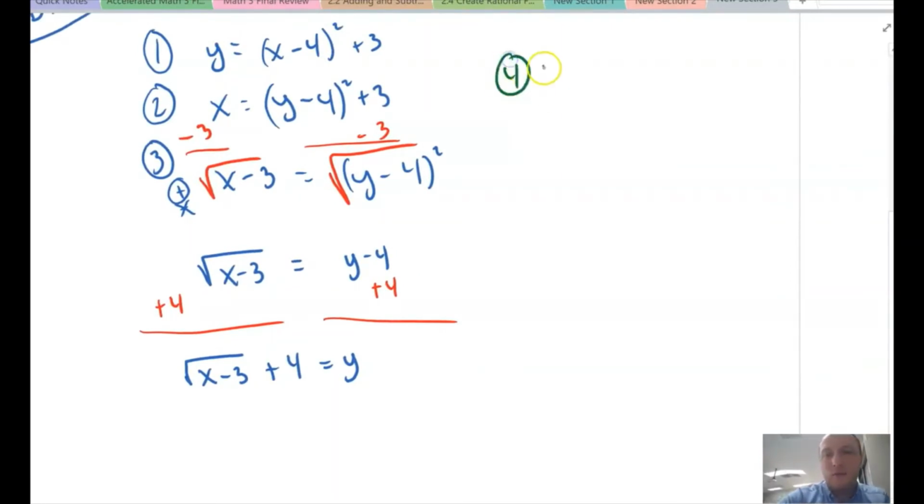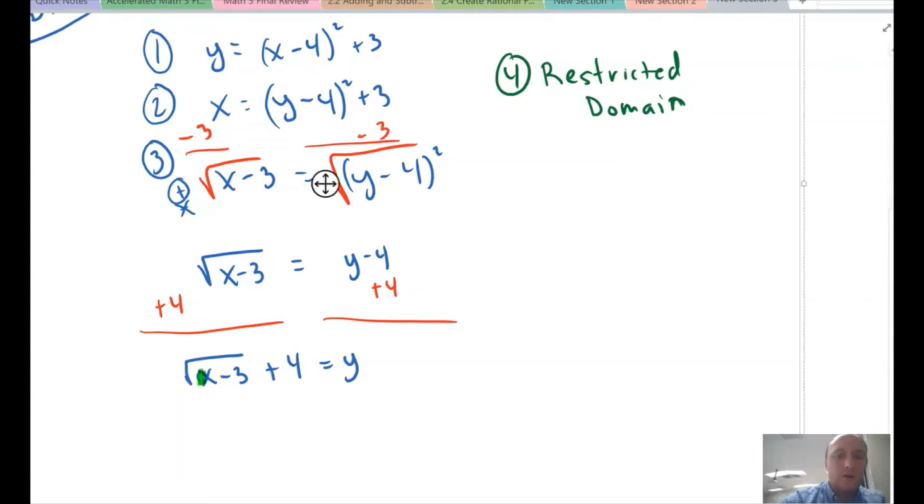And step 4 is determining your restricted domain. Now, I do not want imaginary values coming out of my function.